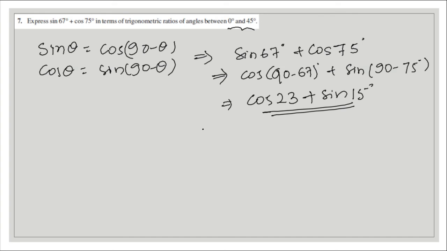Now let us take up another very important and interesting topic called trigonometric identities. Let us consider a right angle triangle ABC.